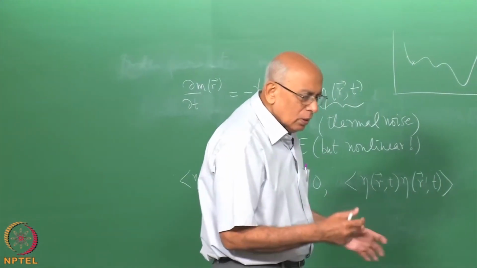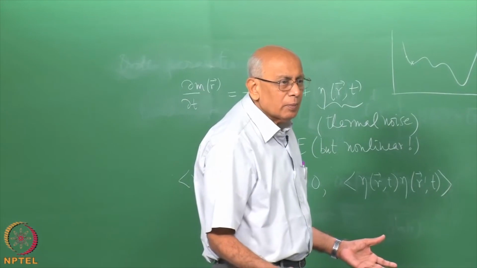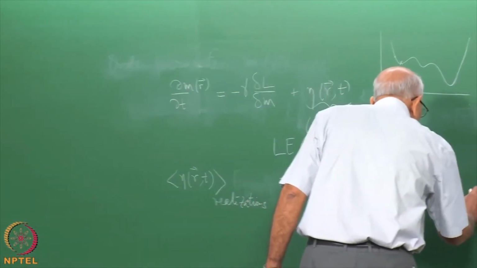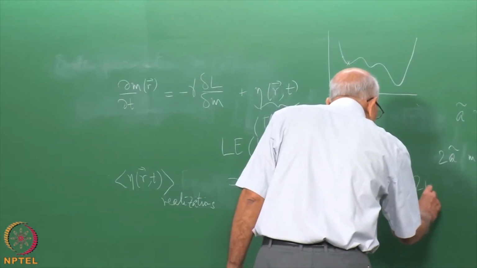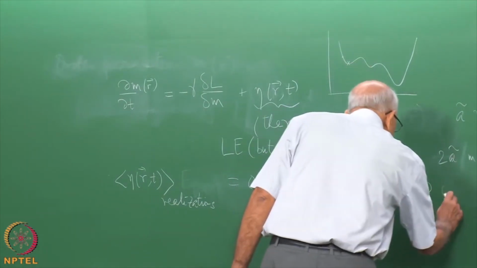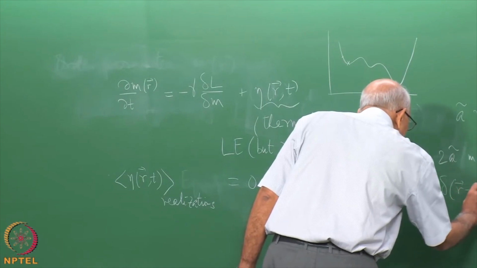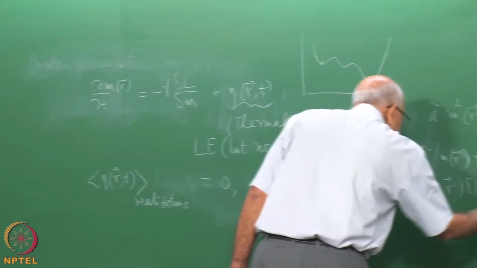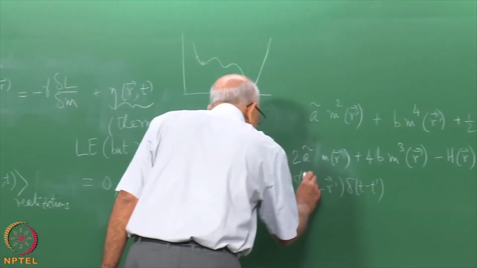So, we assume that the noise is uncorrelated at different space points and at different times. So, this is equal to some constant 2D delta of r minus r prime delta of t minus t prime, in d dimensions, of course.